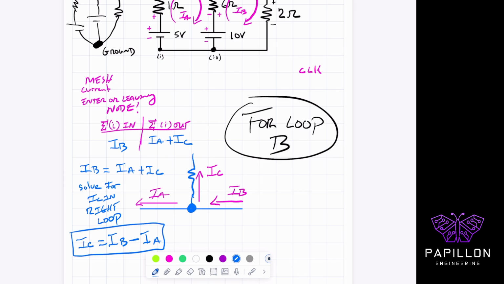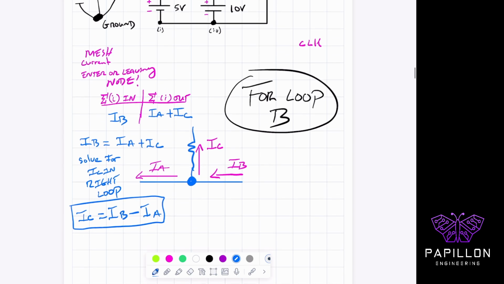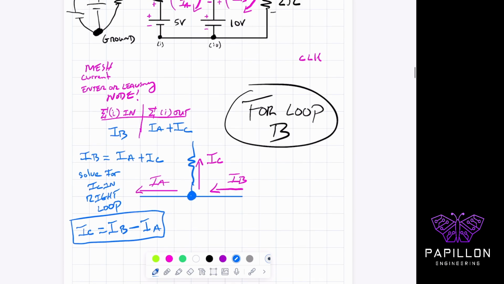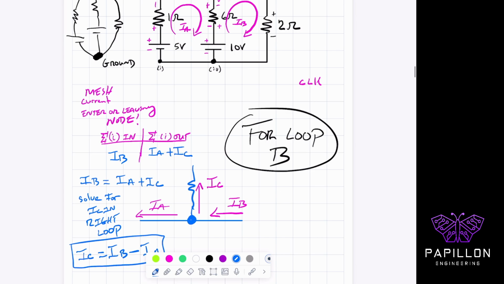Really important, right? So check that out. Because of that behavior, we finally defined what IC is, and IC is different depending on which loop we are observing our equations from. All right, and that is the hard part of doing this.